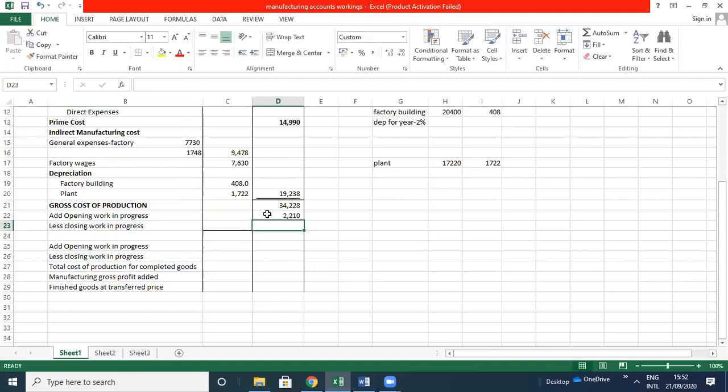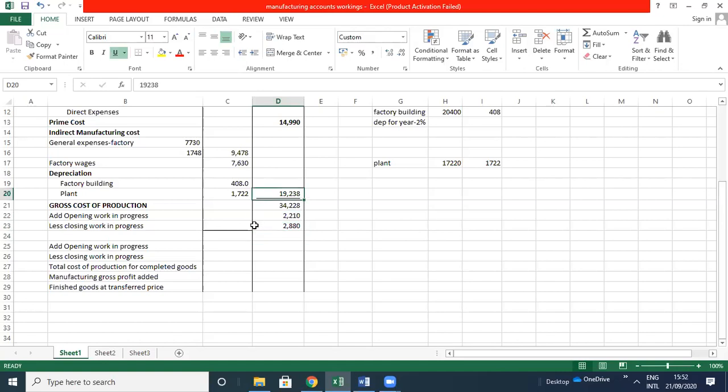2210. What was the closing work in progress? Someone identify the closing work in progress very fast. We say that you get that from the additional information, 2880. Thank you, Gisheo. Sit Gisheo and Shikuku and Batin. 2880, you less.